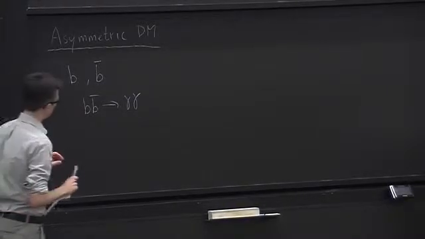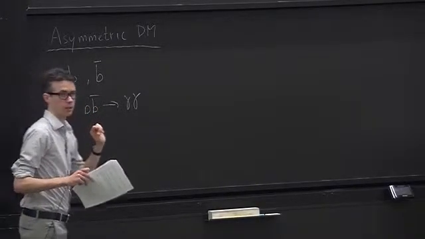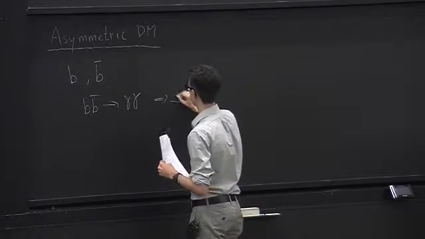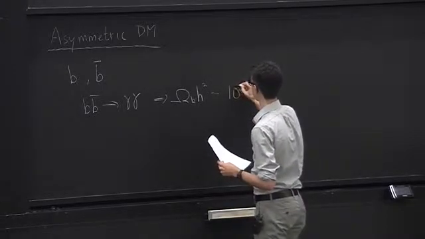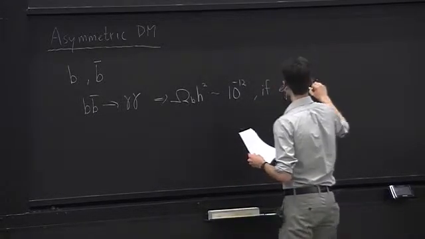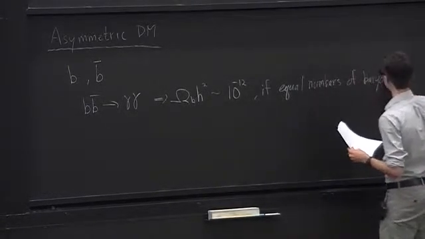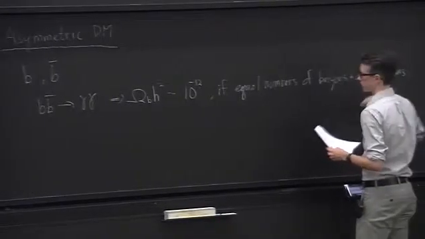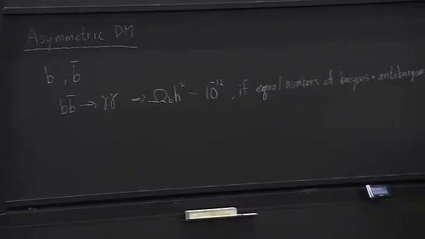So what happens for baryons is, because this annihilation is very efficient, if I started with equal numbers of baryons and antibaryons, it turns out that the annihilation would be so efficient that I would expect a net baryon density today to be roughly 10 to the minus 12 if we had equal numbers.